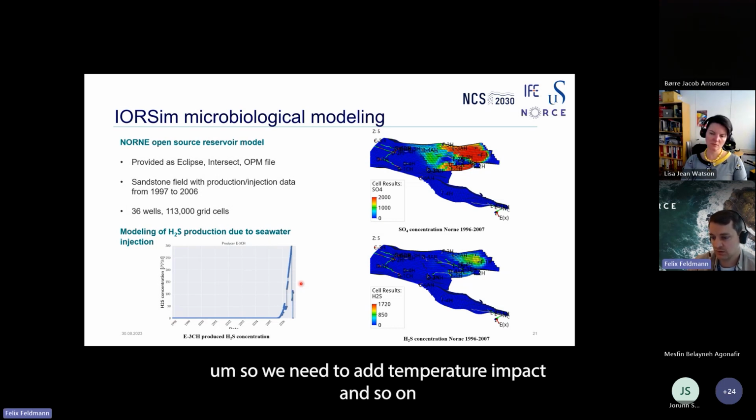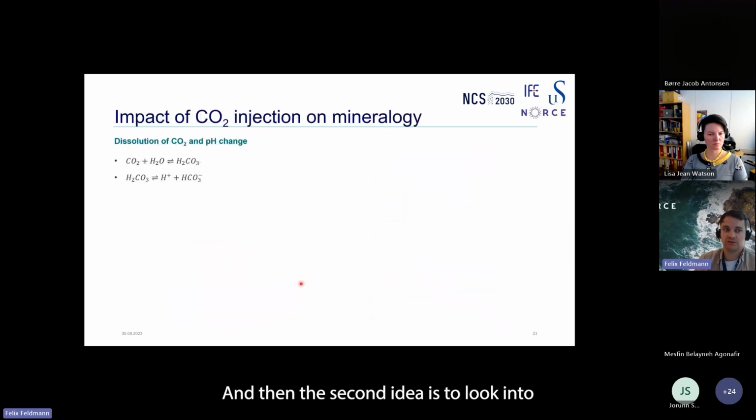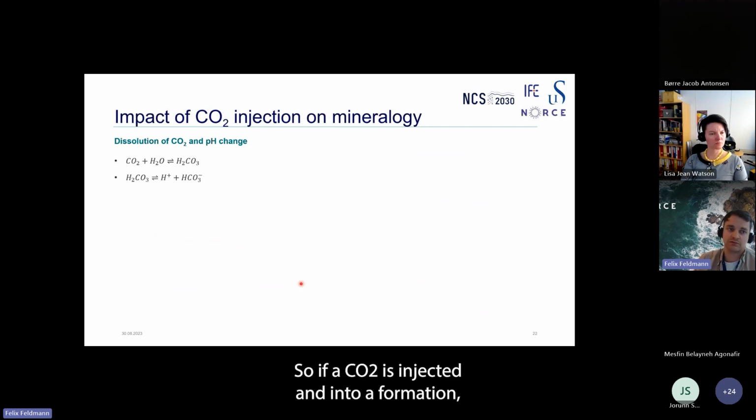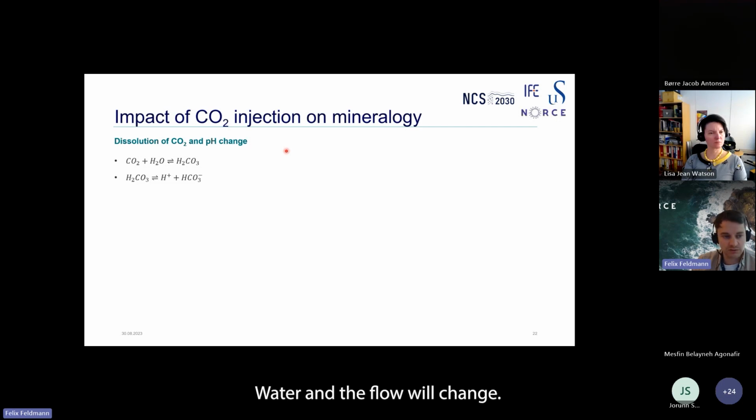So we would need to add the temperature impact and so on, and also the partitioning of H2S into the different phases, into the oil phase, for instance. And then the second idea is to look into the impact of CO2 injection on mineralogy. If CO2 is injected into a formation, then the CO2 will dissolve inside the formation water, and the pH value will change.